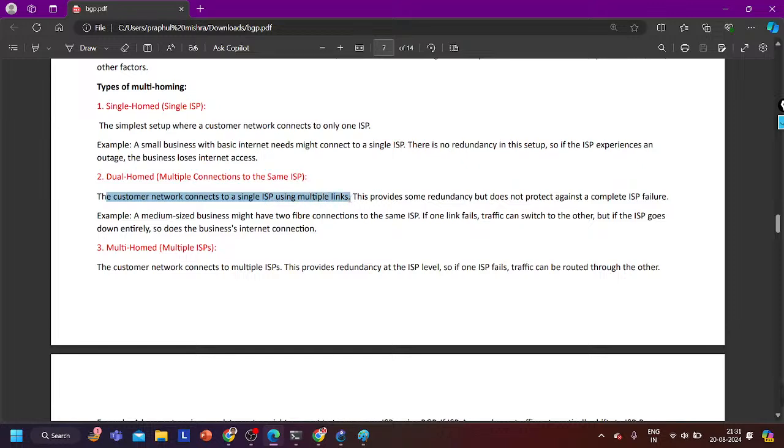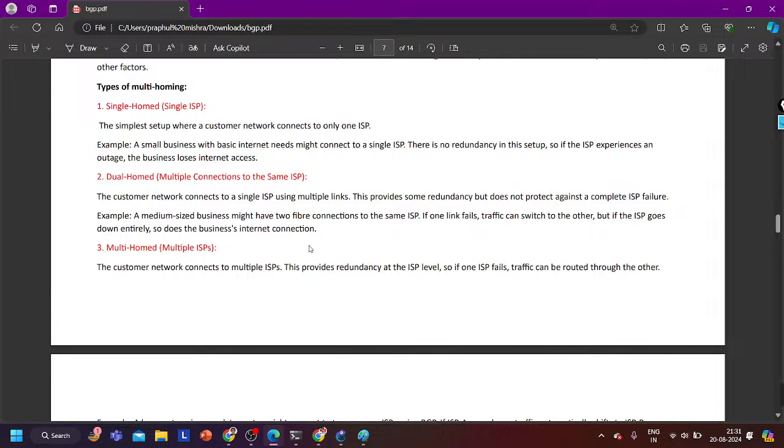This provides some redundancy but does not protect against complete ISP failure. Example, a medium-sized business might have 2 fiber connections to the same ISP. If one link fails, traffic can switch to the other and we can achieve load balancing as well. But if the ISP goes down, the entire network will go down.